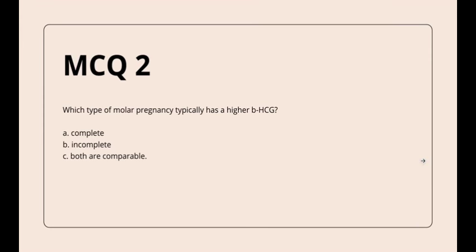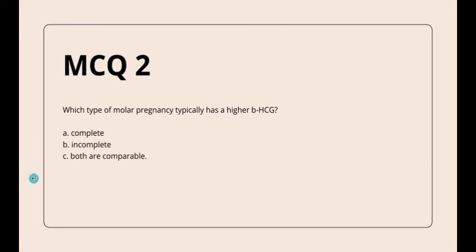Which type of molar pregnancy typically has a higher beta-HCG? So let's pause and have a think about it, and we'll run through the answer. All right, so the answer to this question is that complete molar pregnancies usually have a much higher beta-HCG level compared to an incomplete or a partial mole. And this is due to the volume of trophoblastic proliferation.